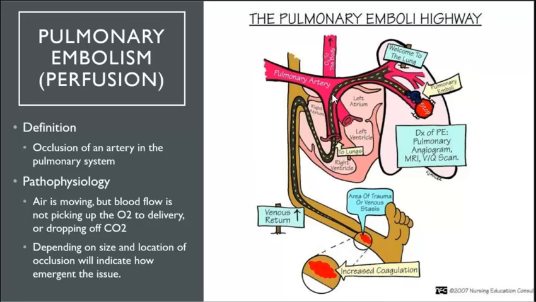However, if we have a pulmonary embolism, it's going to stop. There is going to be no gas exchange. Why is that important? Because you get a buildup of CO2 and you don't get any oxygen, so your cells won't live. Depending on the size and location of the occlusion will indicate how emergent the situation is.